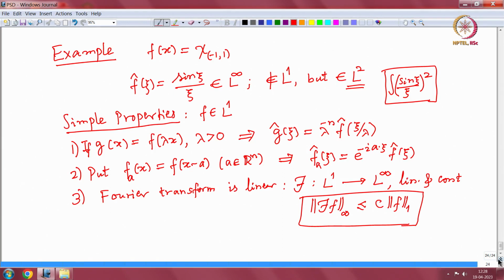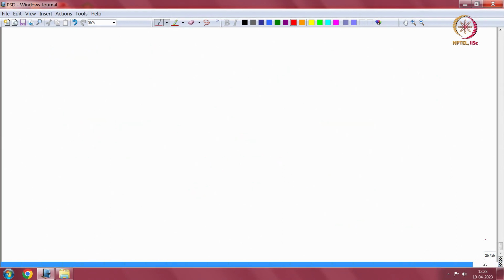Let me just state it as a theorem. Let me state this for general R n, but give the proof for n equal to 1.